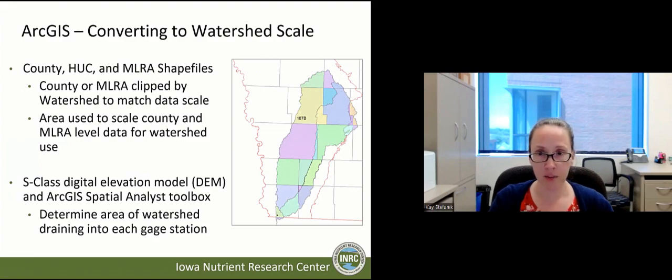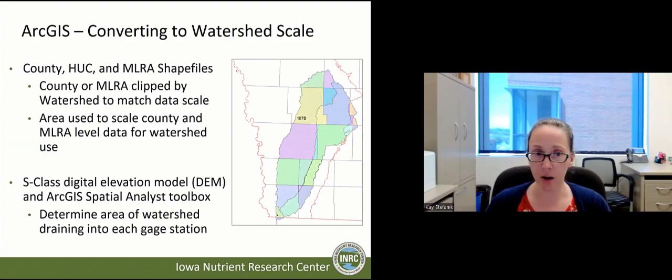Now we have county and MLRA scale data, but we want to run this for a watershed scale. So we used ArcGIS to convert this data to a watershed scale. The first thing was bringing in various shapefiles, county, HUC, MLRA scales, and we clipped the county or MLRA by the watershed so that we can match the data using that area scale.